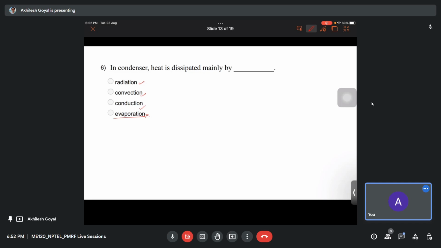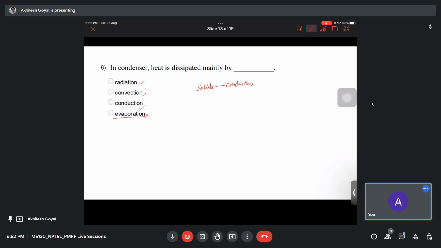In the case of solids, conduction happens. Even in the case of fluids, conduction happens initially at a surface, and then the convection starts.